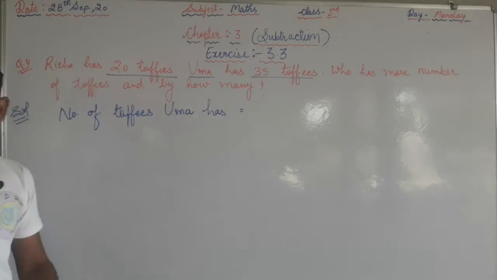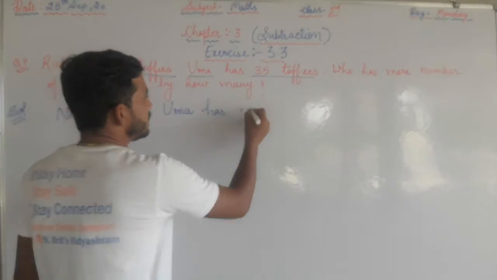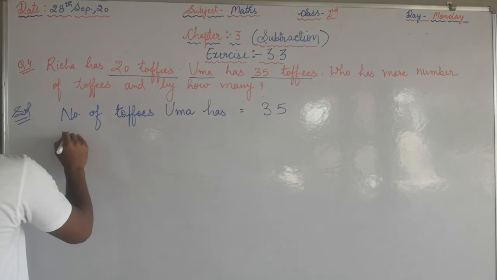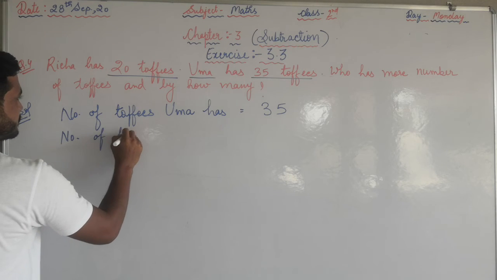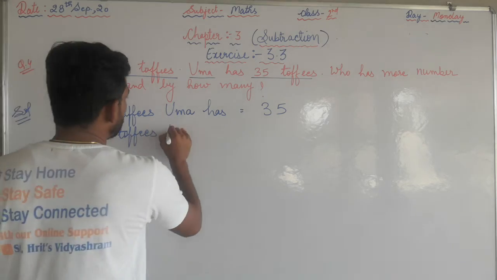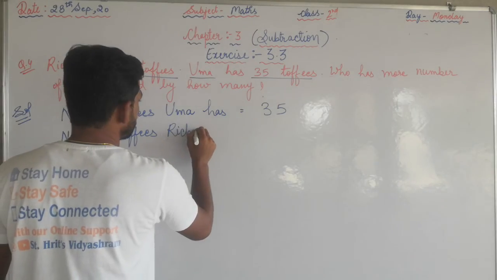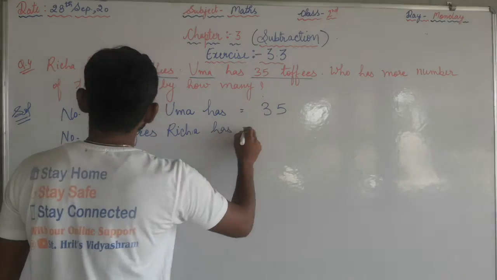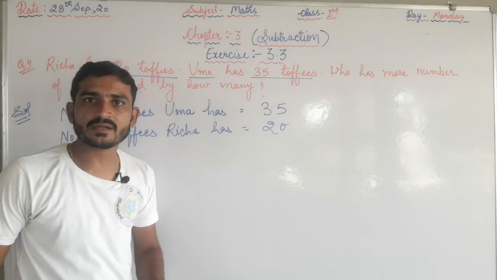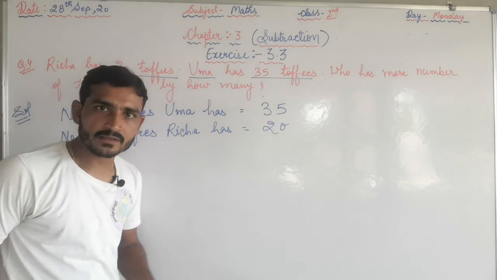Number of toffees Uma has is 35, and number of toffees Richa has is 20. How do you find the difference? By subtracting the smaller number from the greater number.